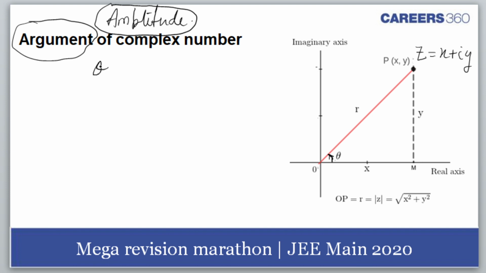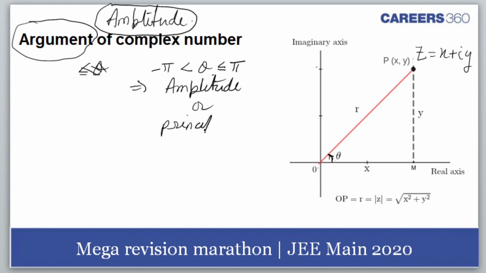So whenever theta lies between minus pi and pi, it implies we are talking about the amplitude of the complex number, or the principal argument.